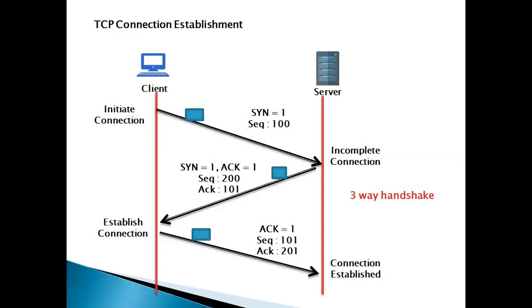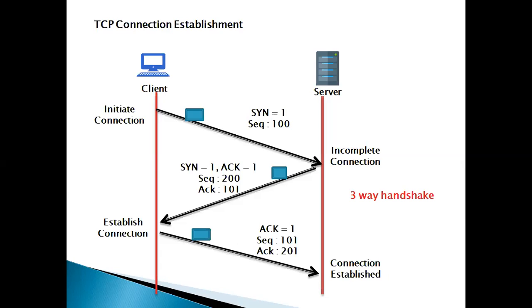In step 2, the server responds to the client request by sending a TCP packet with another random sequence number and the SYN and acknowledgement flags set. Here, the server sends a TCP packet with sequence number 200 and acknowledgement number 101, with the SYN and acknowledgement flag values set to 1 to establish a connection.